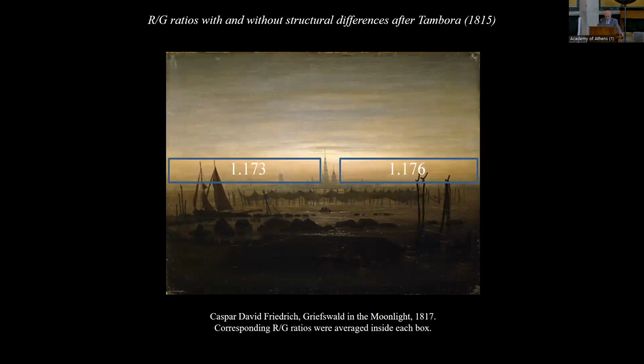Here are some calculations that we found by using a method to measure the effect of aerosols in the atmosphere and in the colors, the prevailing colors, by looking at red to green ratios.